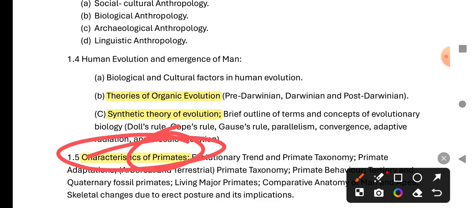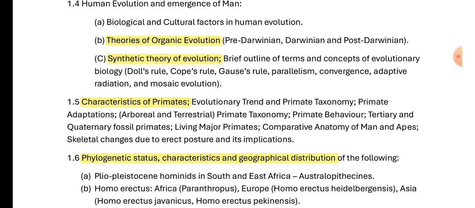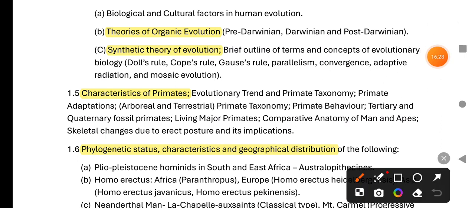And the primates can be divided into two suborders, Prosimii and Anthropoidea. Prosimii are primitive monkeys like loris, lemurs, and tarsiers, and Anthropoidea means higher primates like monkeys, apes, and man.